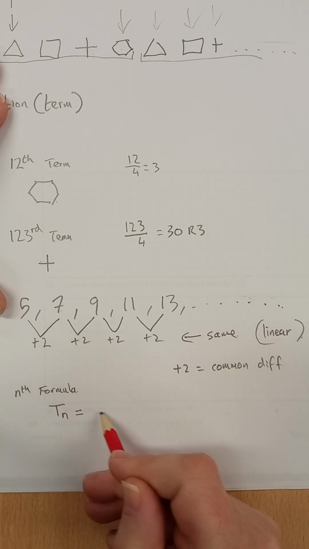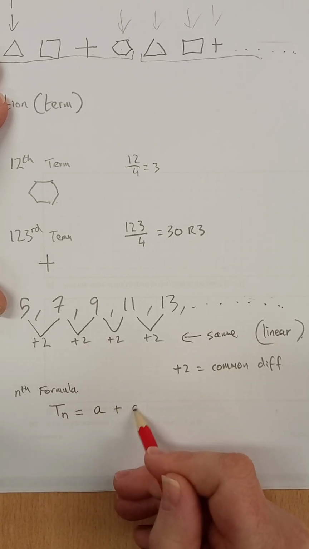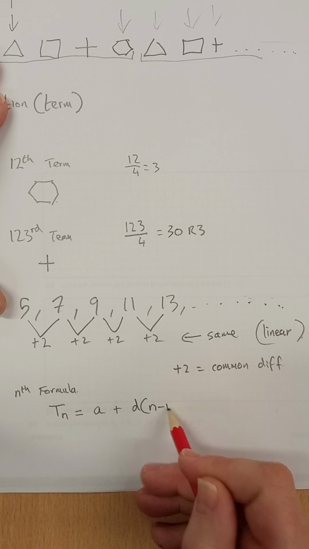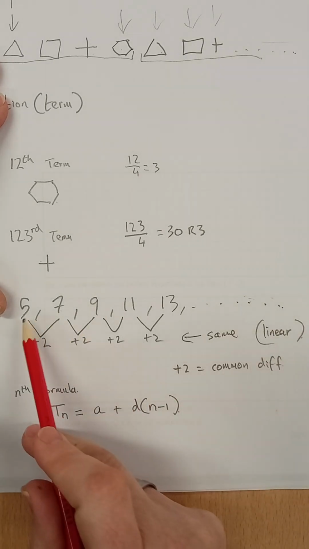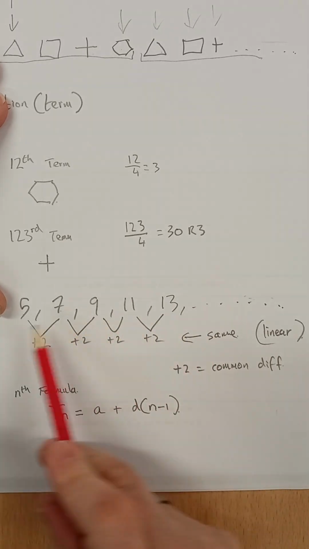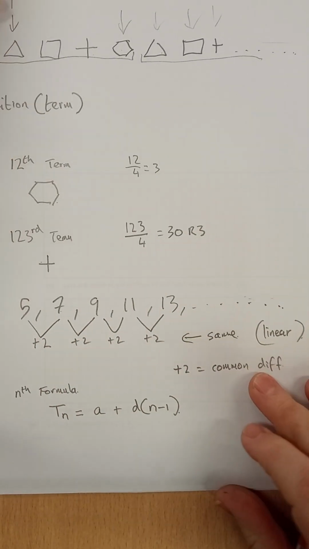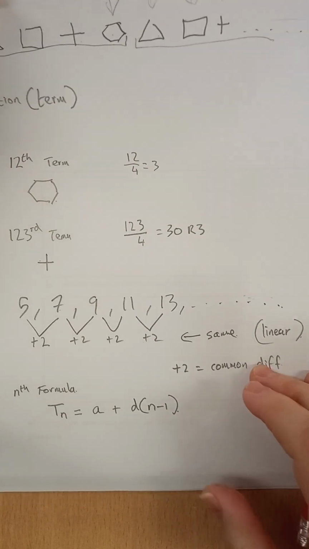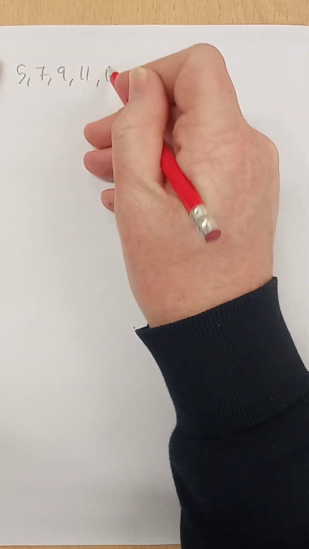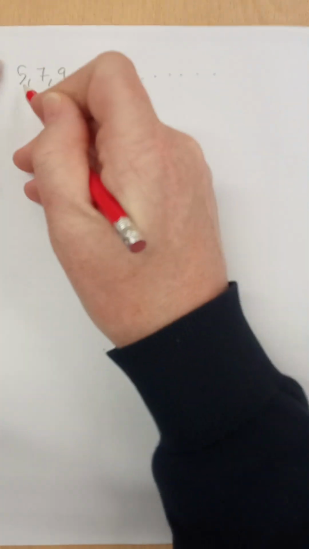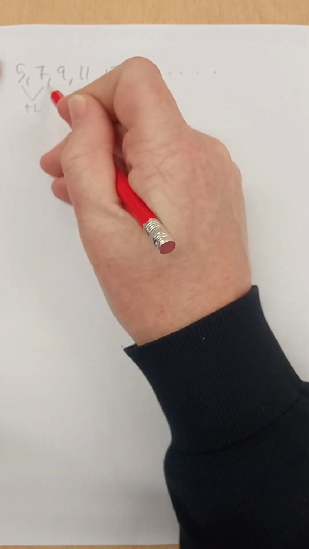Tn is equal to a plus d times n minus 1. I'm going to explain what all these letters are, and then how I can use this to figure it out. So I'm going to move on to a new page and rewrite the pattern up here: 5, 7, 9, 11, 13. We know already that there's a +2 between each number.